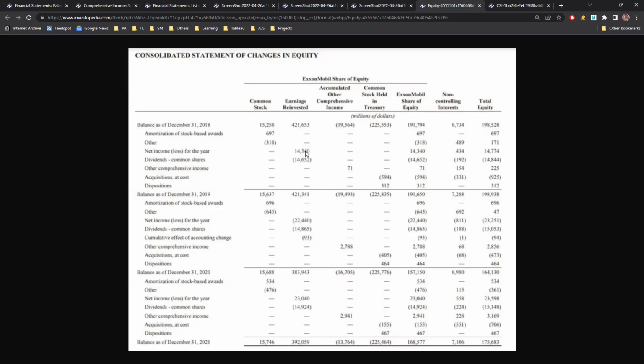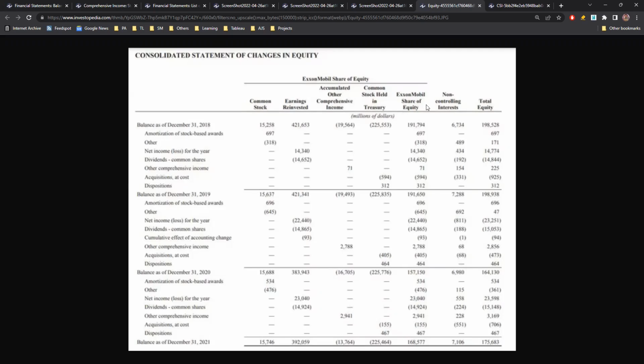The net income element goes into the earnings reinvested, and the dividends that they have paid to the common shareholders, about $14 billion, they have removed here. And the other comprehensive income, whatever gain or loss they have seen, they are adding up here as $71 million. And acquisitions or sellings of anything from the company have resulted in this much amount.